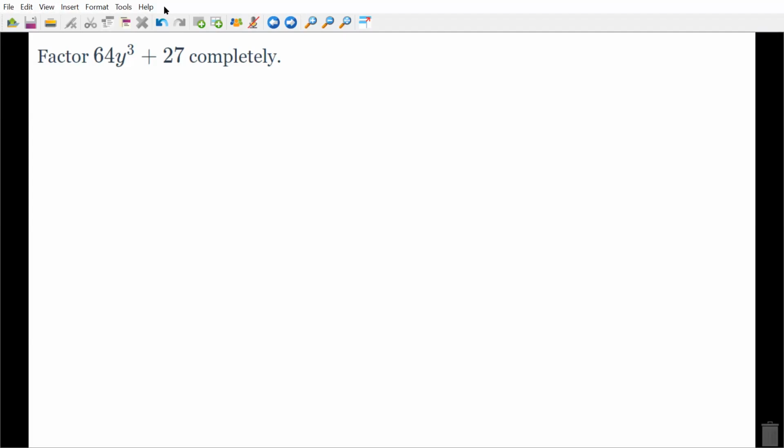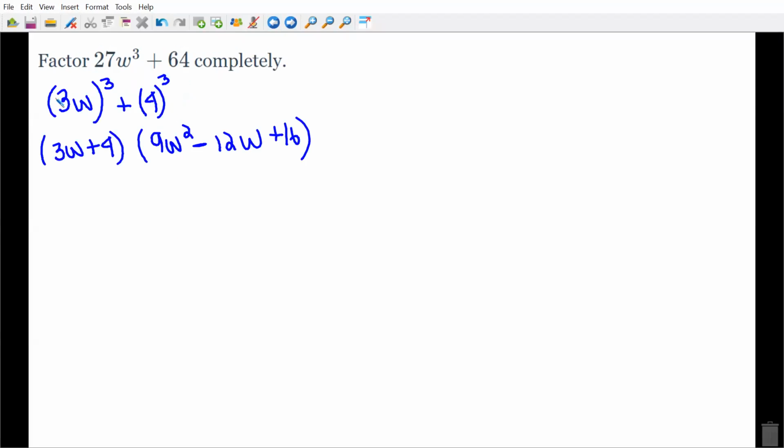All right, guys. I'm going to move on here so we can see what you copied. 64 is the same as 4y to the third power plus 3 to the third power, right?